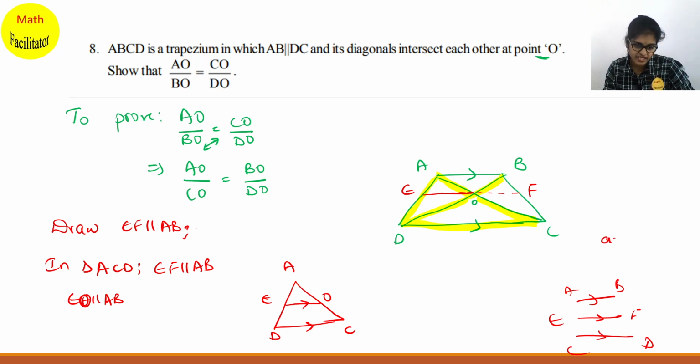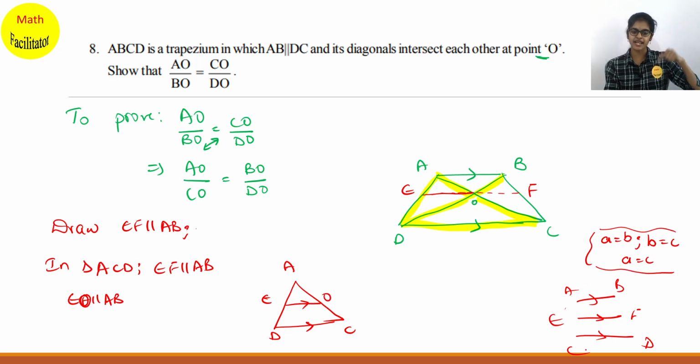Or in other words, if A is equals to B and B is equals to C, you can write A is equals to C. Which property is this? Transitive property. Yes or no? So similarly here with parallel lines. If AB is parallel to CD and AB is parallel to EF, then EF is also parallel to CD. Clear? So here I can write EF is parallel to CD.